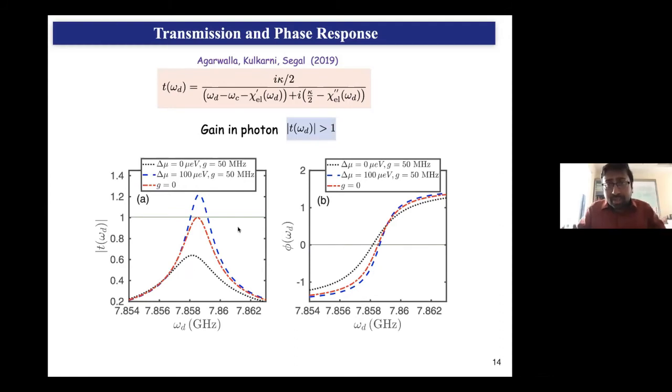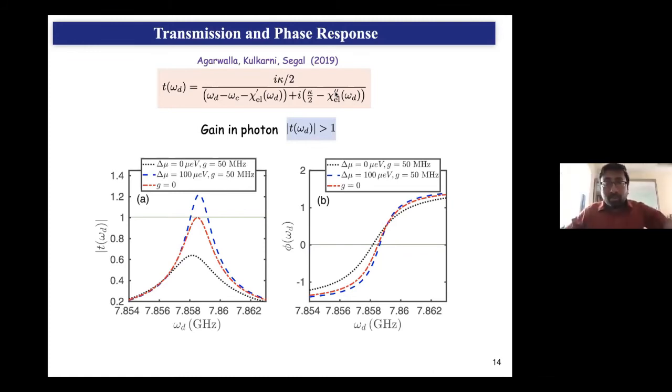The reason is that your chi double prime is negative. So your electronic medium is not a gain medium. It's actually a lossy medium. So your photon is essentially seeing two dissipative media: one is the cavity itself, the cavity ports, as well as the electronic medium.